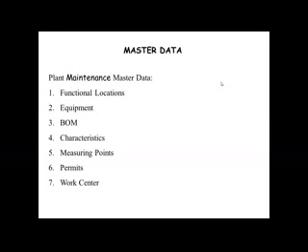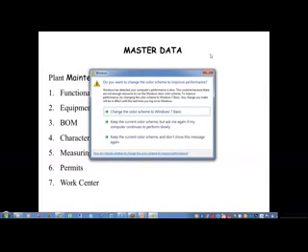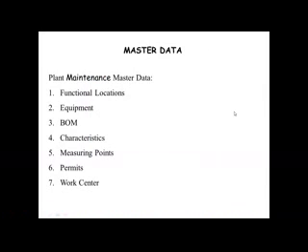And for characteristics we have class and classifications. Characteristics are basically the specifications of the equipment or the functional locations. Those are called characteristics. I know. Proceed.